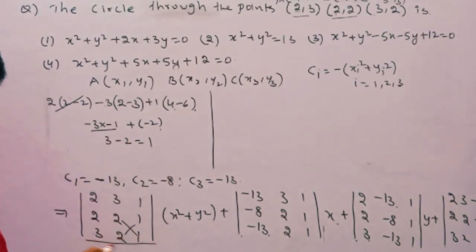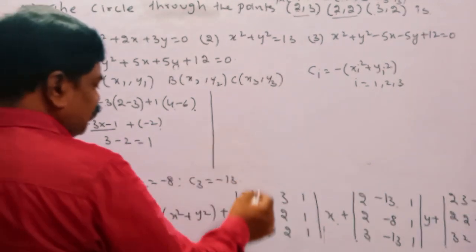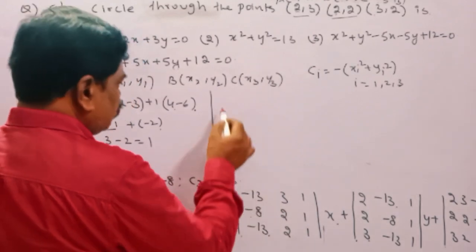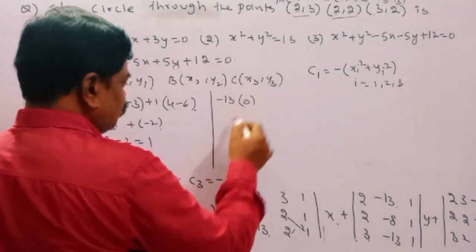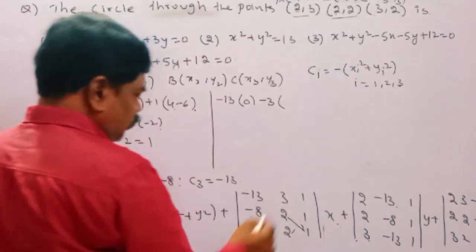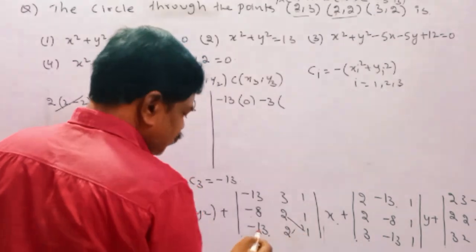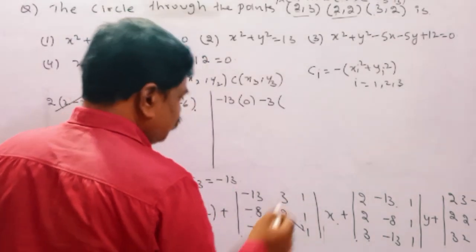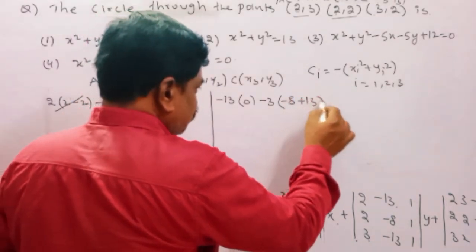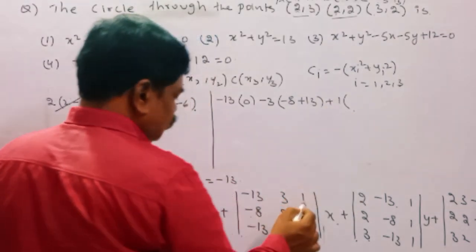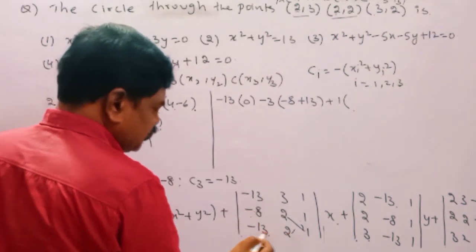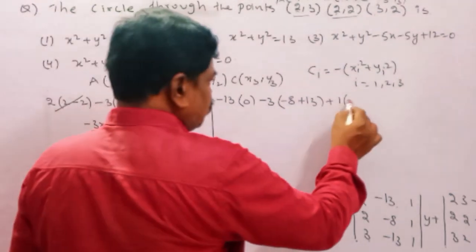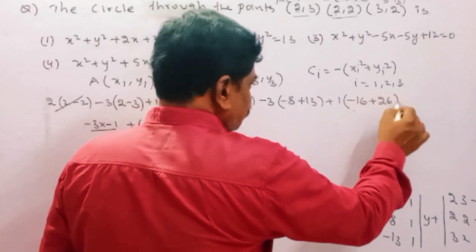What is the value of this one? 1. And next this value: minus 13 of 2 minus 2, which is 0. Minus 3 of minus 8 plus 13, and plus 1 of minus 16 plus 26.